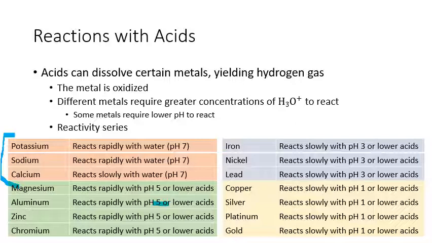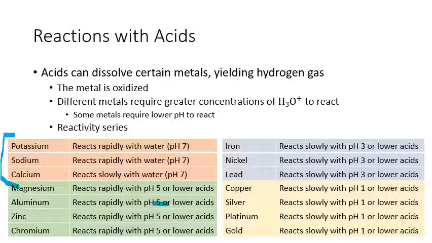So that's okay. But that's why, again, when we talked about lead and lead pipes and materials like that, they were worried about it because at very low concentration, lead starts to react and dissolve. So if the water becomes too acidic, then the lead leaches out of the pipes and goes into solution, and it can cause a problem. And then the safest metals to have around acids are things like copper, silver, platinum, gold.